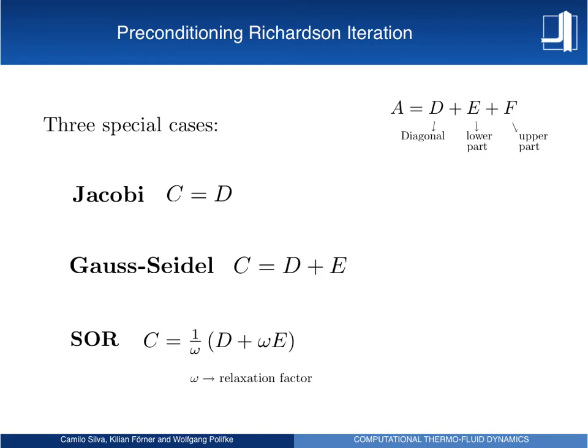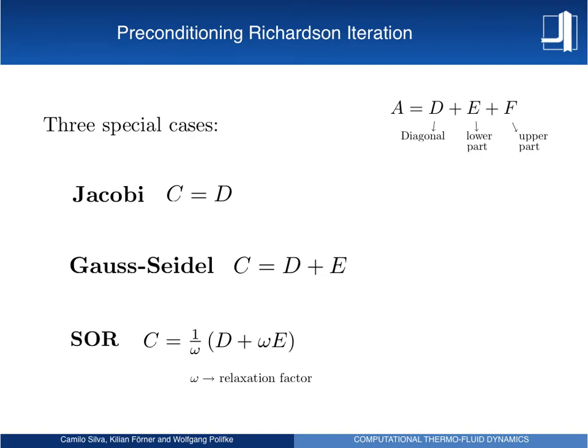If we include a relaxation factor, a factor to make Gauss-Seidel converge faster, but at the expense of maybe blowing up the method, we can regulate this omega to customize the convergence speed if you want.